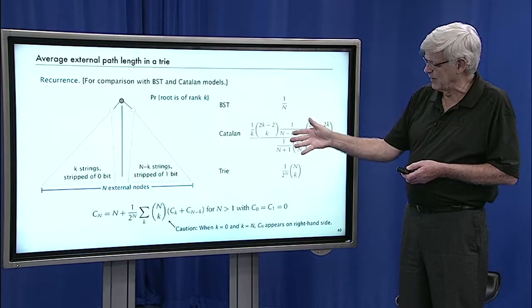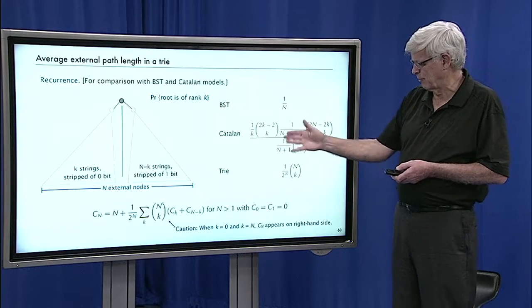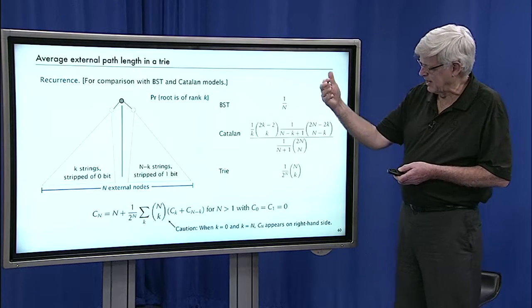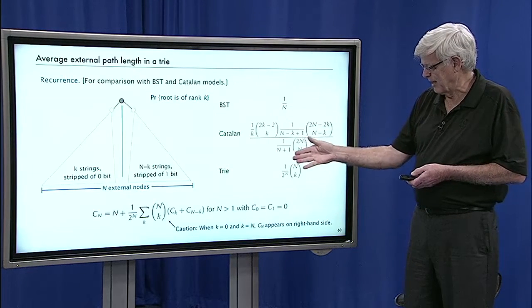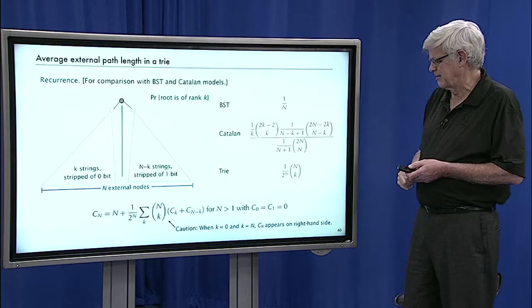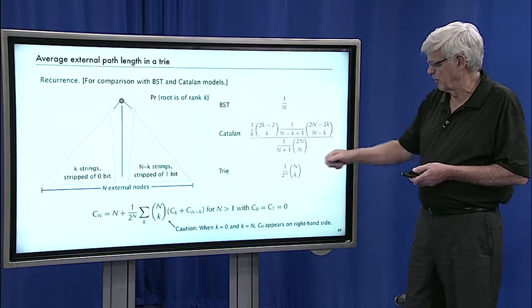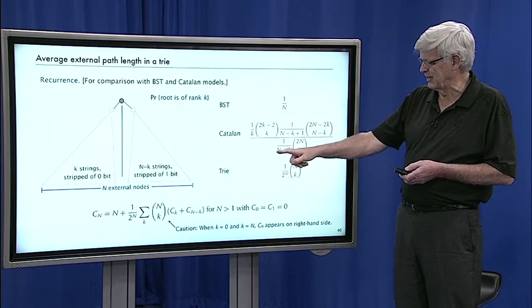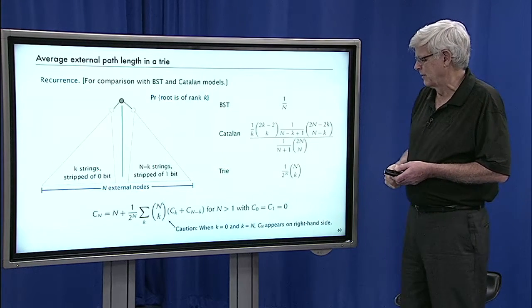And then the probability that there's k on the left is n choose k over 2 to the n. And then it's the external path length C sub k, external path length C sub n minus k, with the appropriate starting conditions. Again, it's just a little tricky to realize that there's a C_n on the right-hand side when k equals 0.